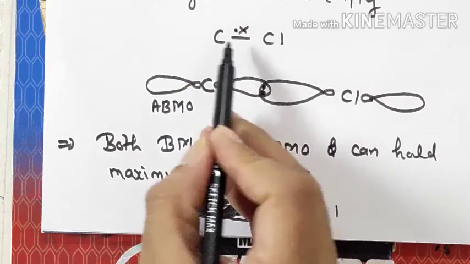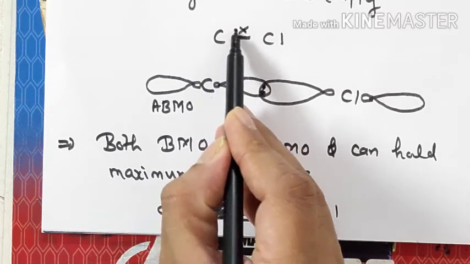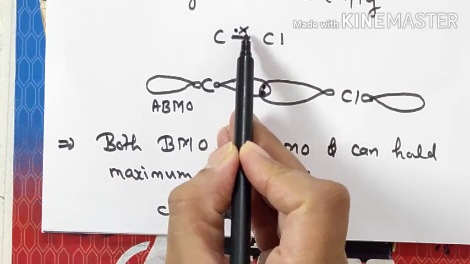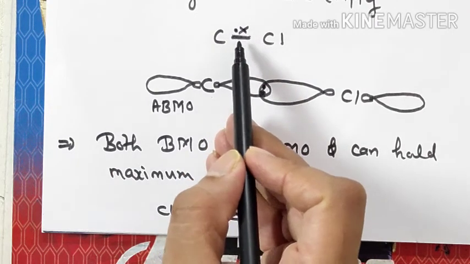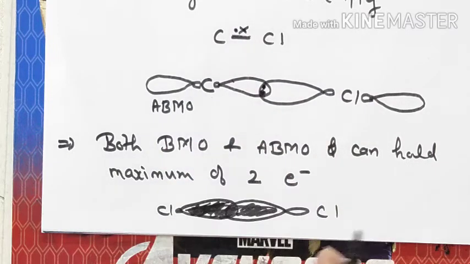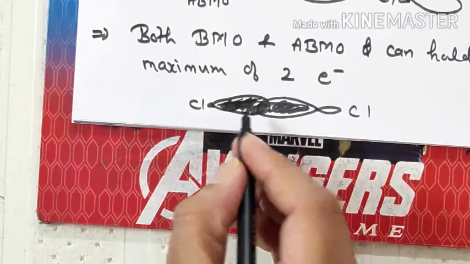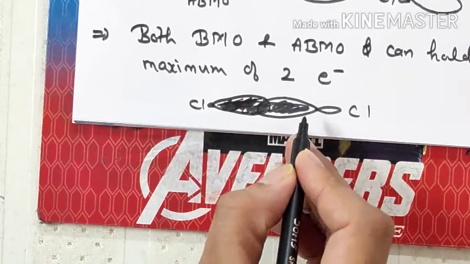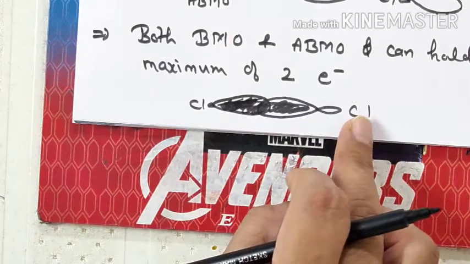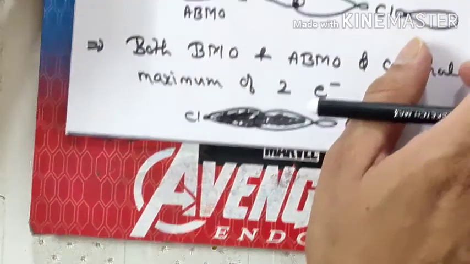Again, how many electrons for carbon? 2. How many for chlorine? Again 2. But in total, again 2, not 4, right? Understood this? So the total electrons present is 2, but in the carbon orbital it is 2, and in the chlorine orbital again 2.